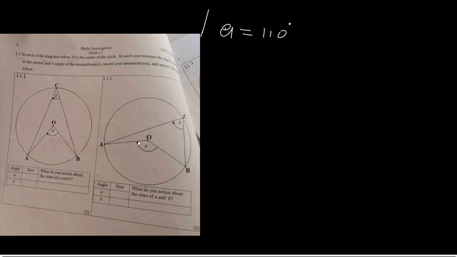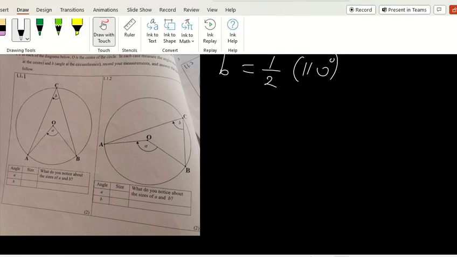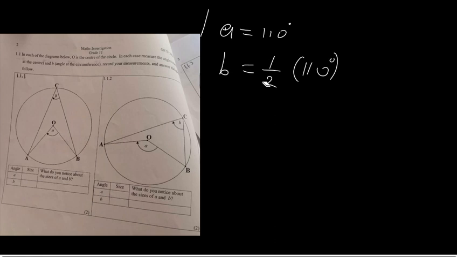Then if this angle A is equal to 110, then angle B has to be equal to 1 over 2 of 110. Here you can simply punch your calculator and find out. But you don't have to write this down because remember, you are measuring here, so you have to act as if you do not know this.